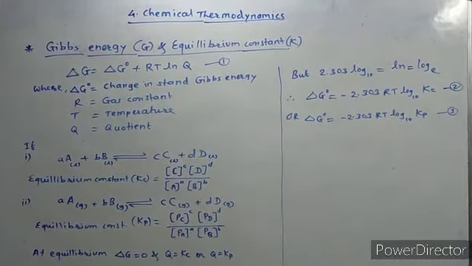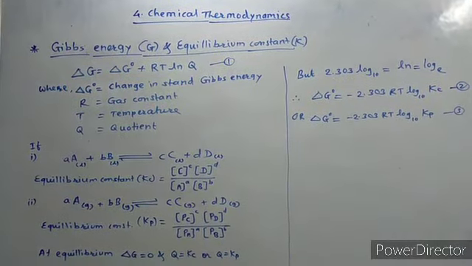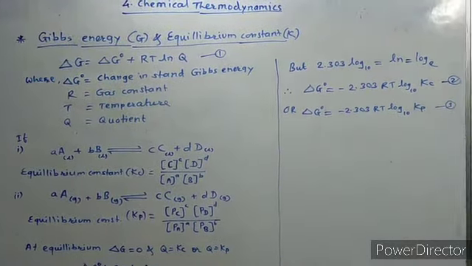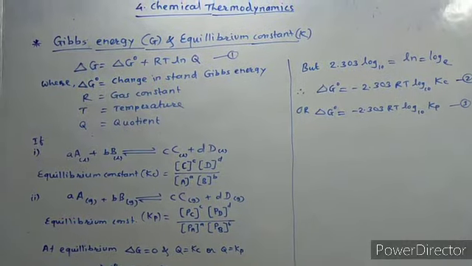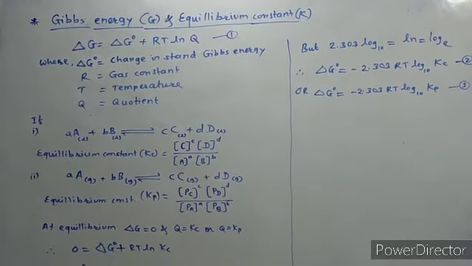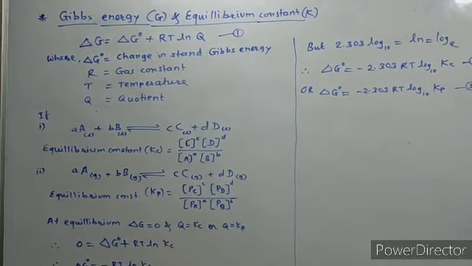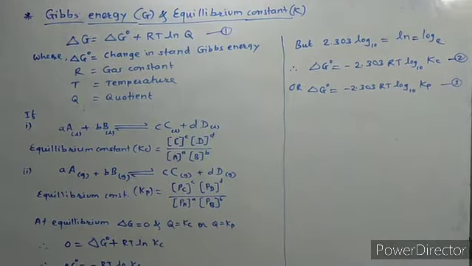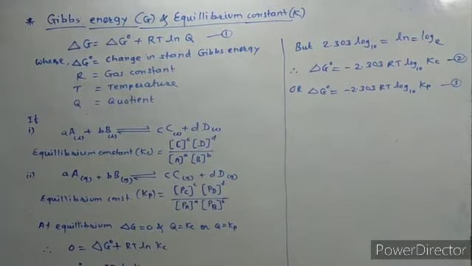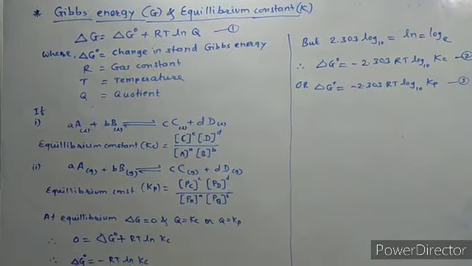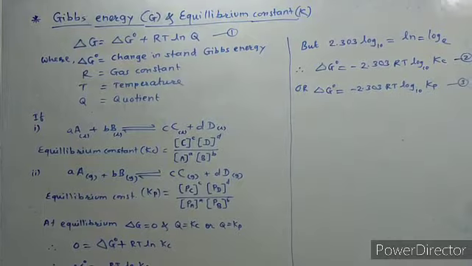See the relation between the Gibbs energy and equilibrium constant K. Now the equation is already given that delta G equal to delta G 0 plus RT ln Q. Now see the terms one by one. Delta G 0 is equal to change in standard Gibbs energy.